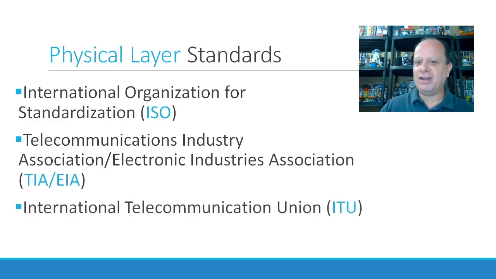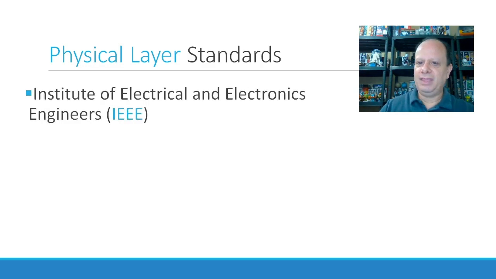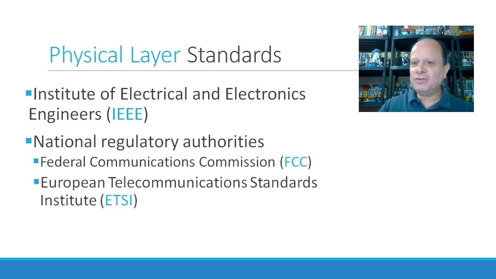We also have the International Telecommunication Union, American National Standards Institute, Institute of Electrical and Electronics Engineers, and also several national regulatory authorities. For example, the Federal Communications Commission in the US and the European Telecommunications Standards Institute for the European Union.